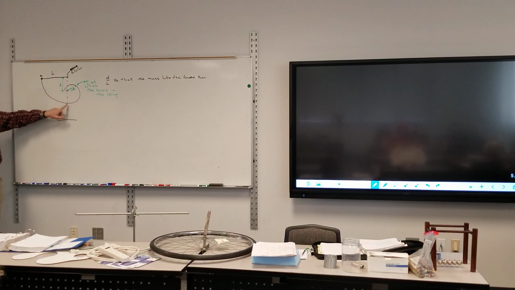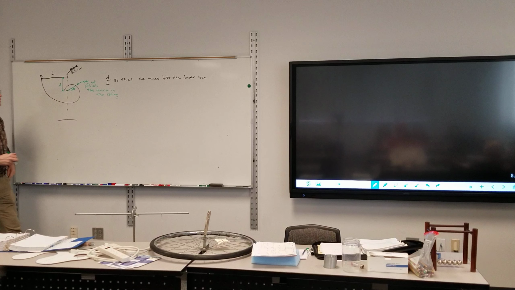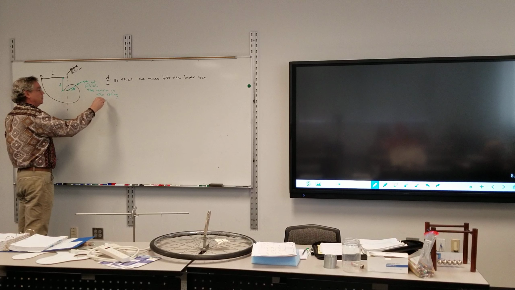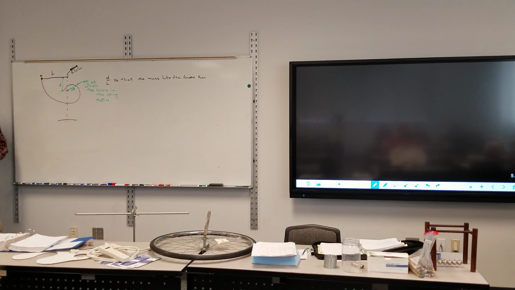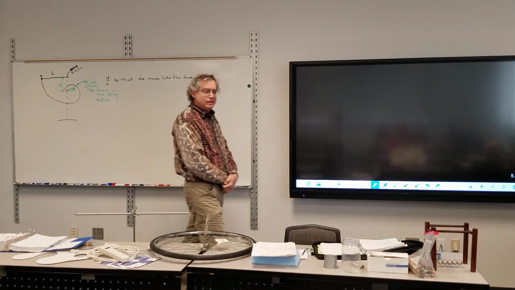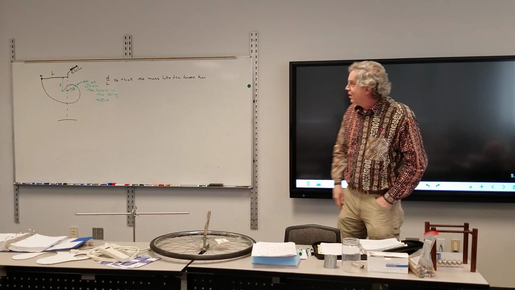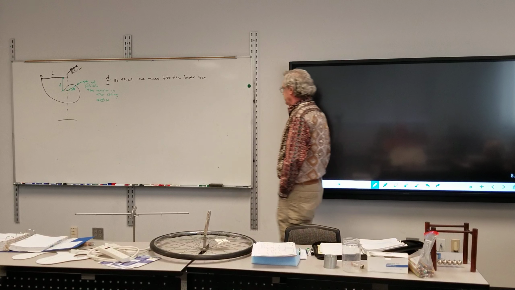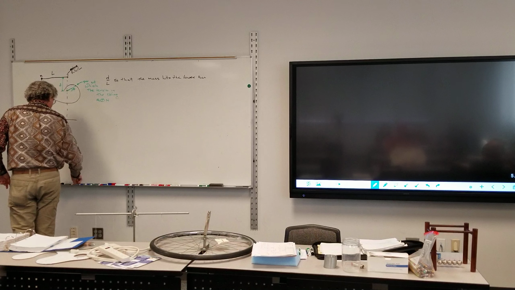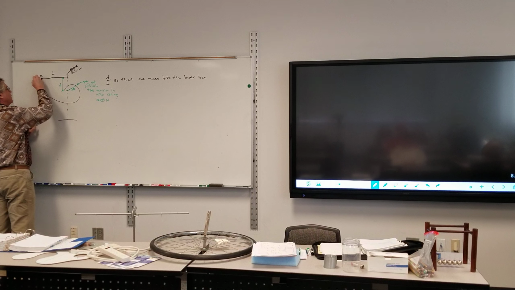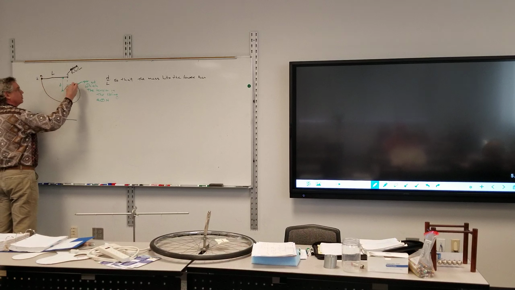It'll stay the same from that until we get to here, and then it'll stay the same from that. So if an object's basically staying the same distance away from some point, what kind of motion is that? Centripetal. Yes. So at this point right here, why don't we give it a label? We'll call this point A, call that point B. So it's centripetal motion up until it gets to this point right here.